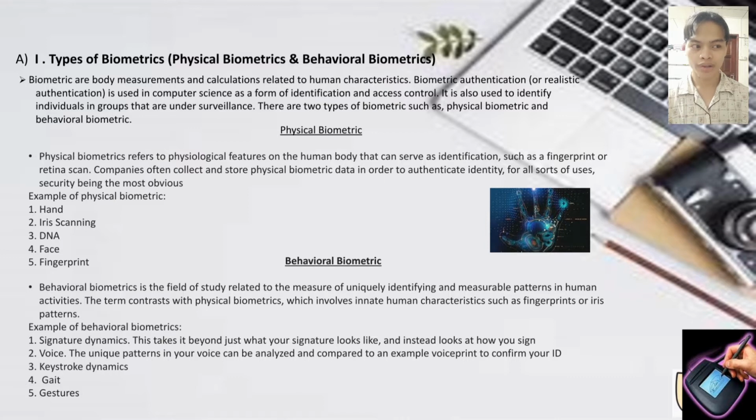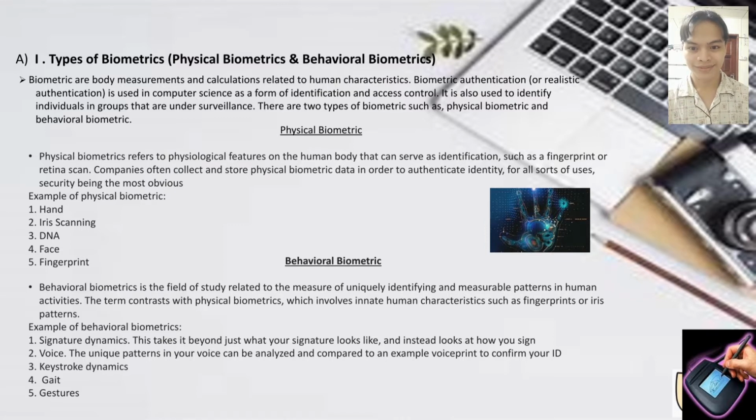It is also used to identify individuals in groups that are under surveillance. There are two types of biometric: physical biometric and behavioral biometric.